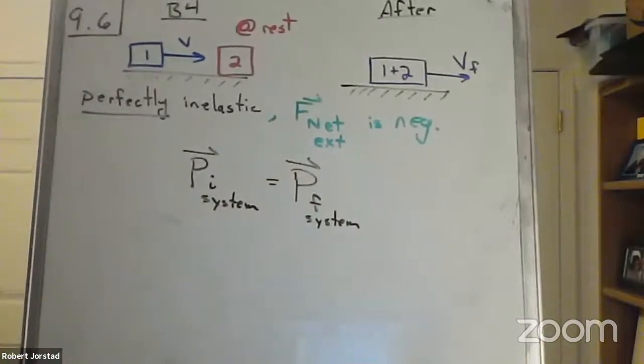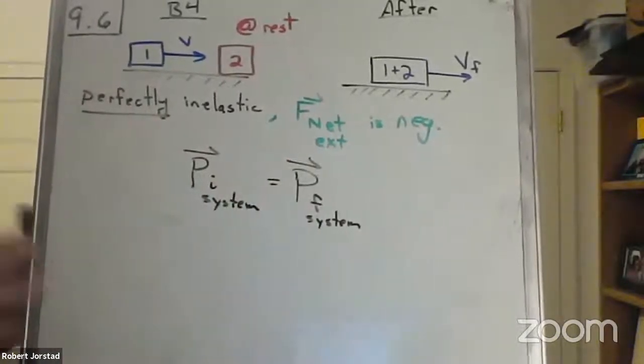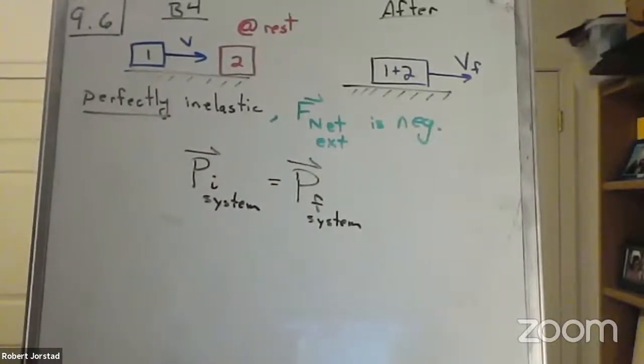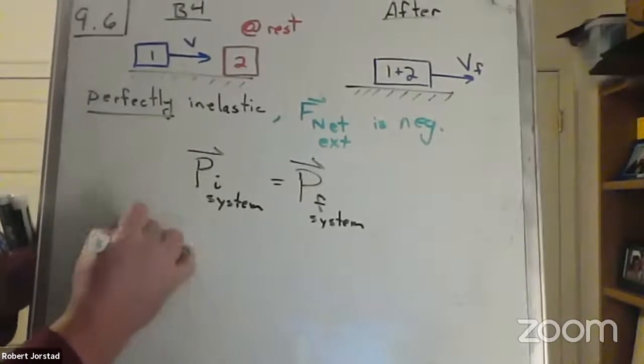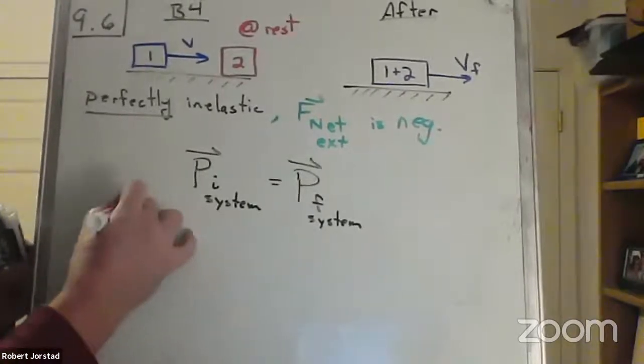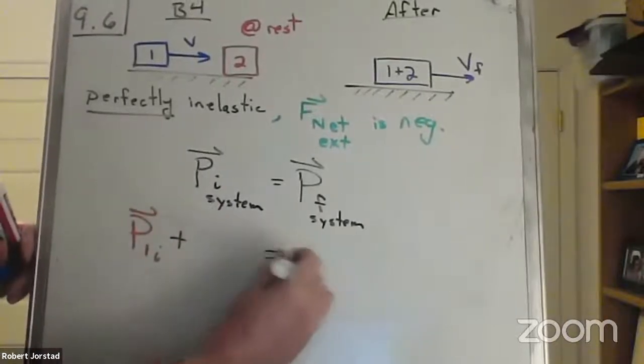We say momentum is conserved. The initial is equal to final. That's what conserved means. Next, in this case, that's going to be momentum of one initial vector plus equals plus.